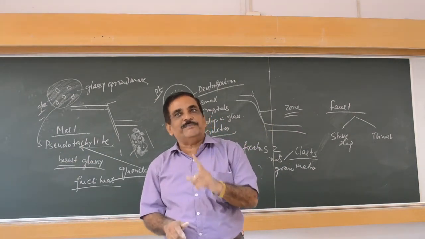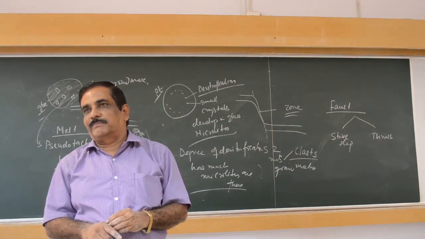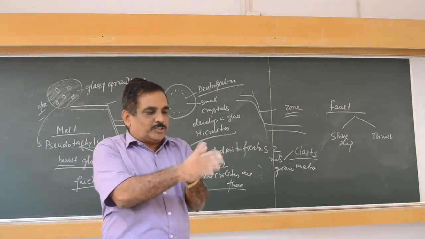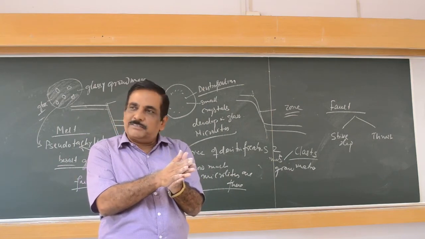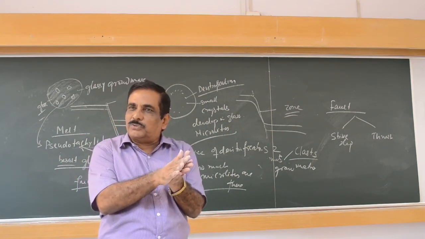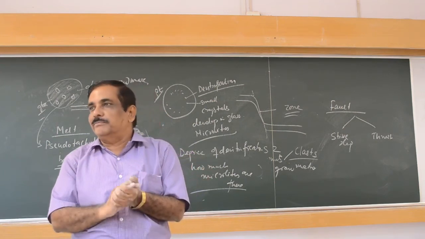If the strain rate is very high, then only an earthquake will be produced. Suppose the rock is there and there is a sudden break, then only an earthquake will be produced. But if it is just creeping, very slow movement, it will not release the energy.